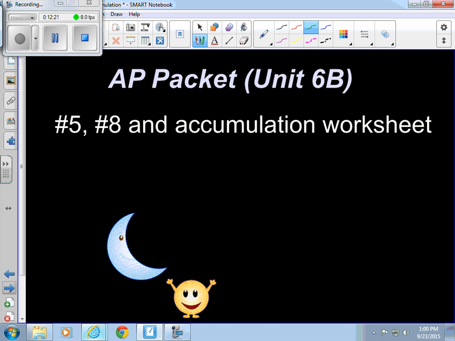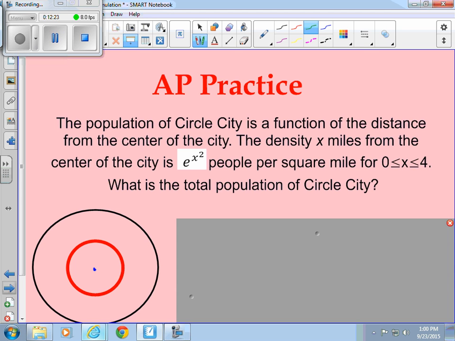Okay. I want to talk about one more problem. It is my least favorite problem that has shown up on the AP exam. It doesn't show up very often. And it will make a little bit more sense when we get to area and volume.